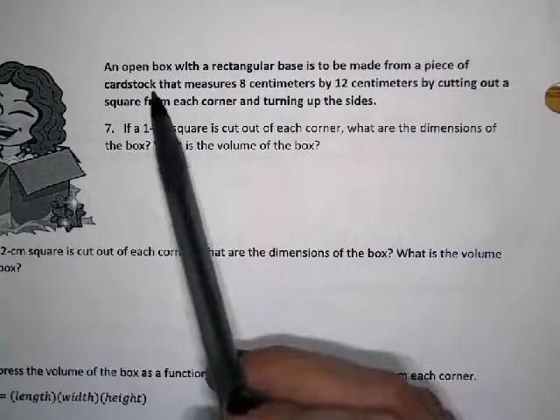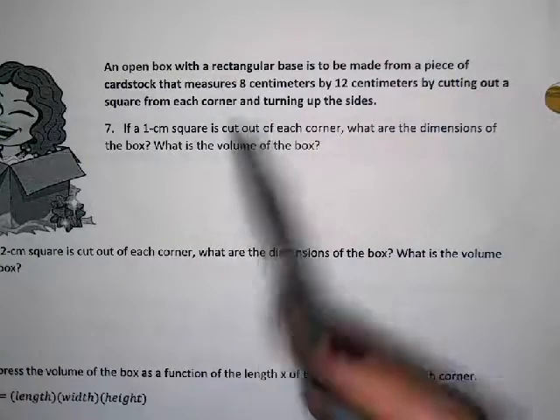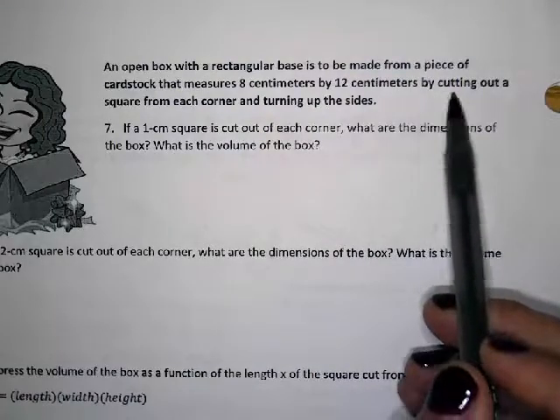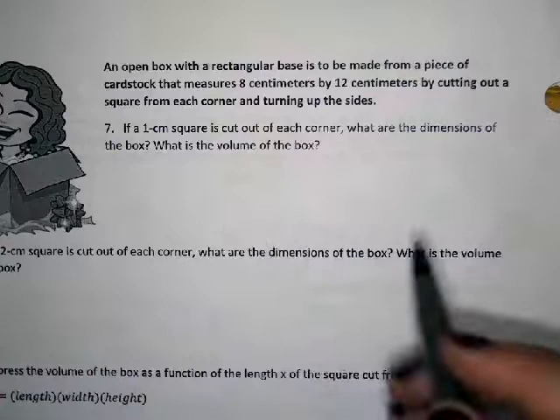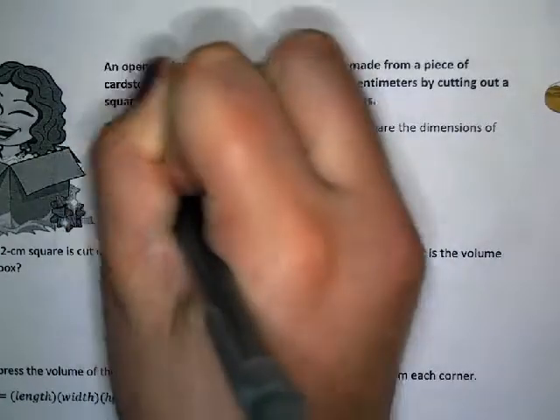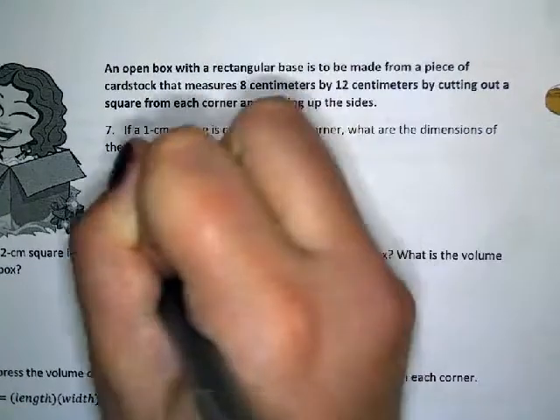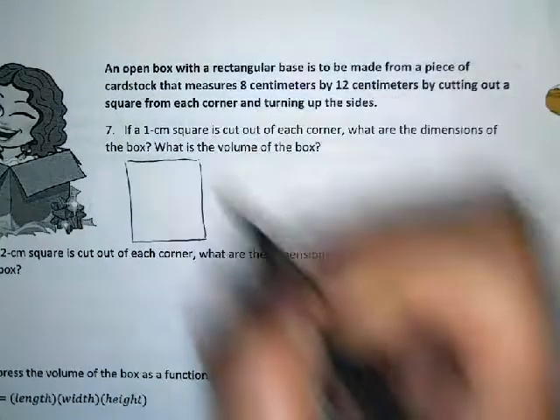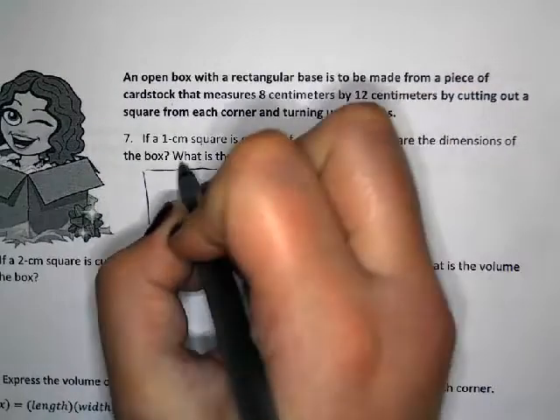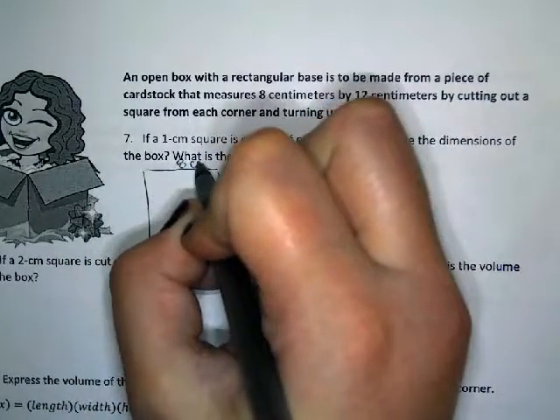Okay, so I'm going to show you guys. Let's draw the cardstock and we're going to label it. I want you to label it exactly the way that I label it, okay? Cardstock is the really thick paper. Okay, so here is the piece of cardstock.